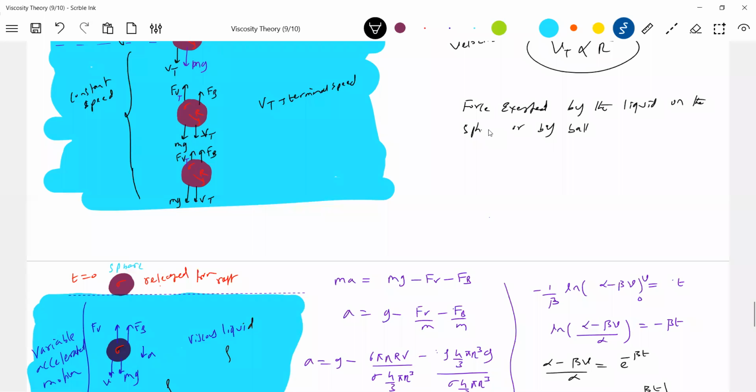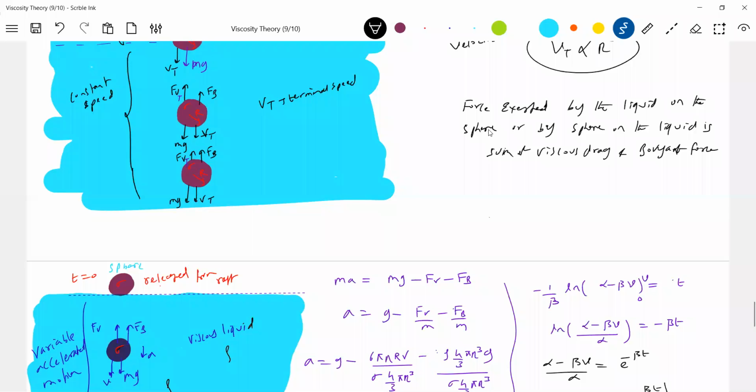Let me use sphere. Force exerted by liquid on the sphere or by sphere on the liquid is the sum of viscous drag and buoyant force. Fine.